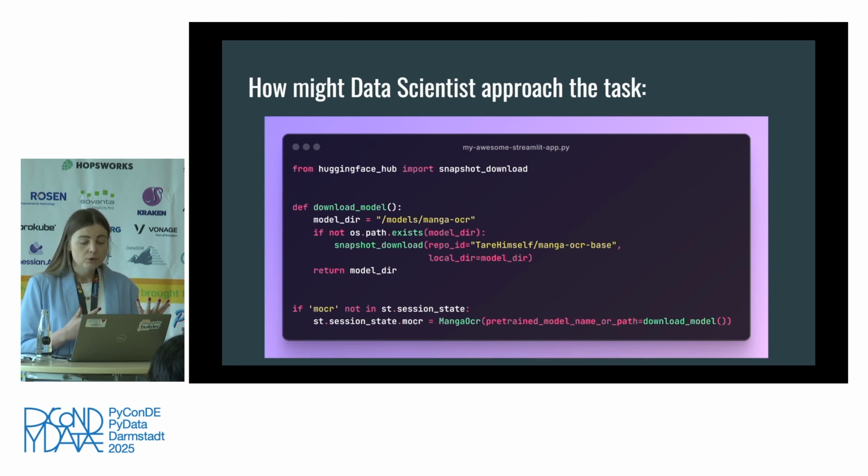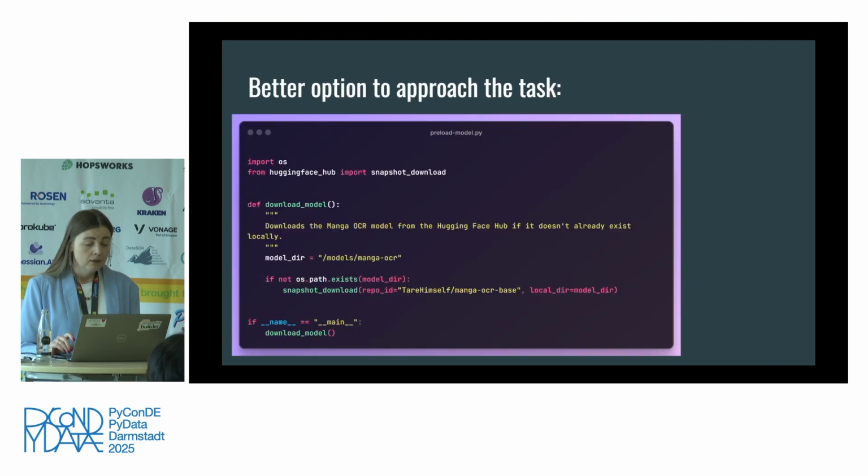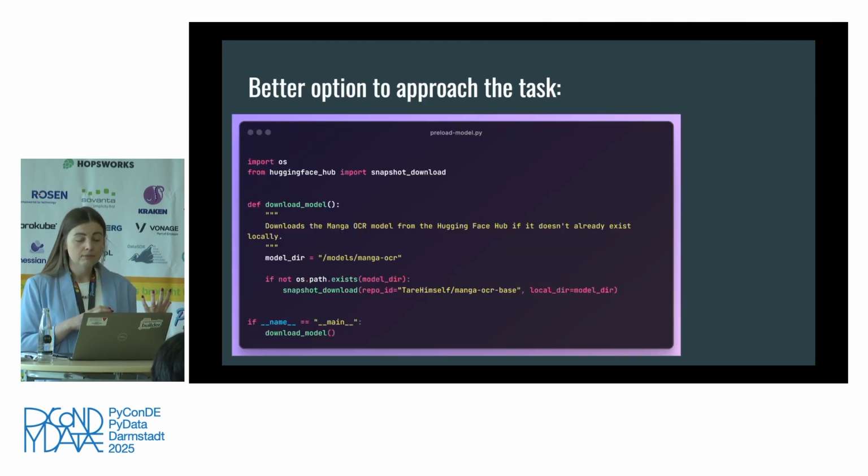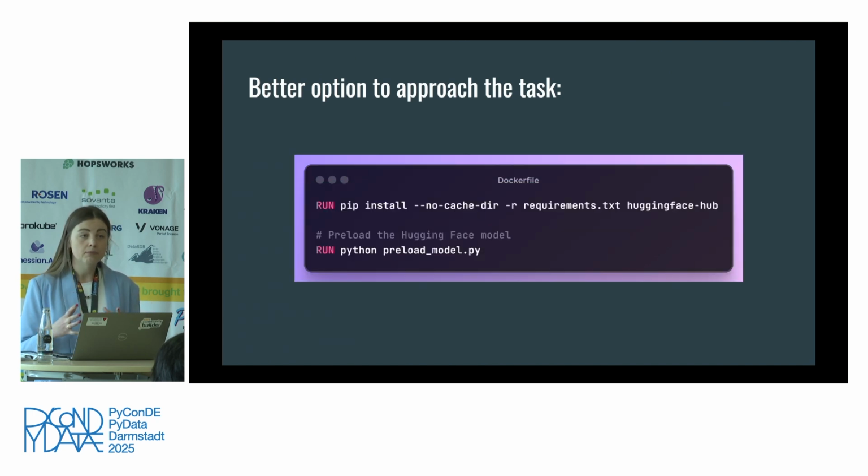this was our previous code which we used in our Streamlit application. But we can move this code to a separate module, which is preload_model.py. And we can have this function called during the Docker container build time. So we just run this module, downloading and saving the model into a separate directory.